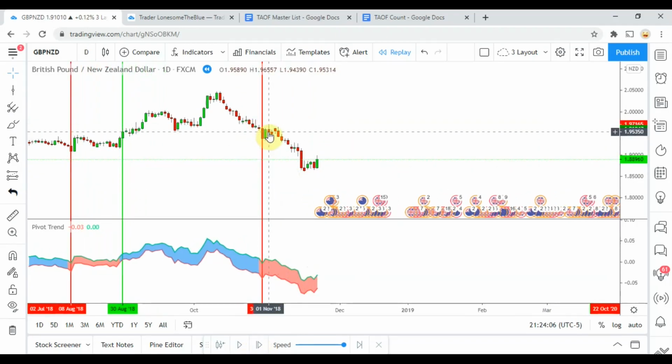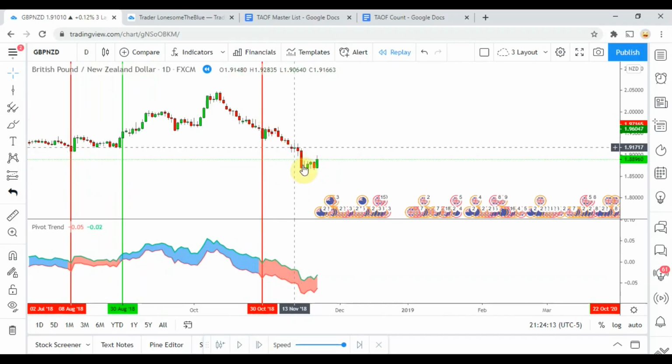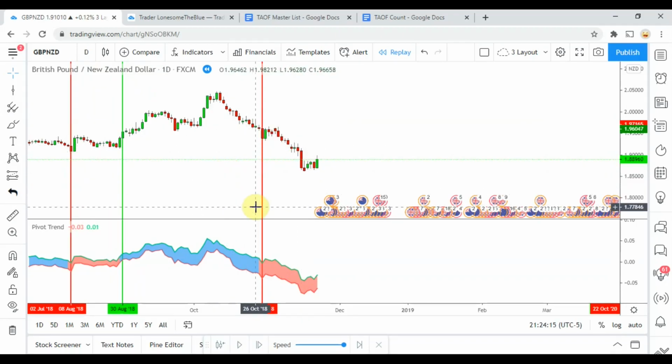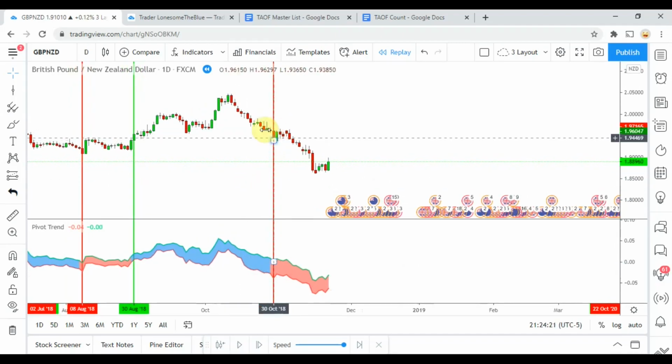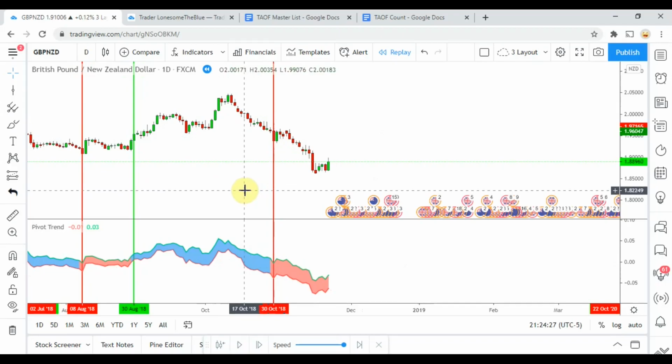It's a shame because right after it had this pullback and stopped us out, it did drop a decent little amount right there, and so this signal was off just ever so slightly. I mean, by 1 or 2 candles in either direction, and we would have had a winning trade out of that one.